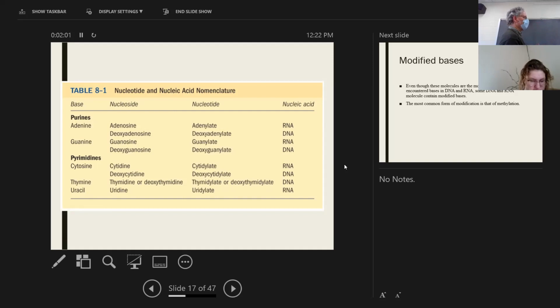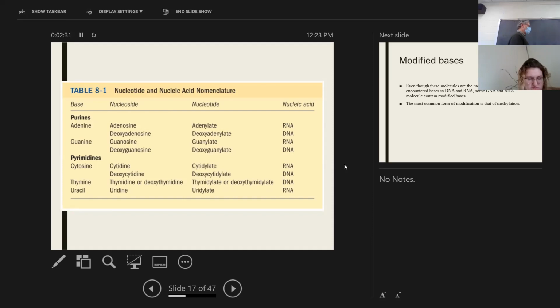Then it's similar for the pyrimidines, except pyrimidines don't end in -sine, they end in -dine, D-I-N-E. So cytidine becomes cytidylate. Deoxycytidine becomes deoxycytidylate. Thymidine is usually deoxythymidine. That is thymidylate or deoxythymidylate.